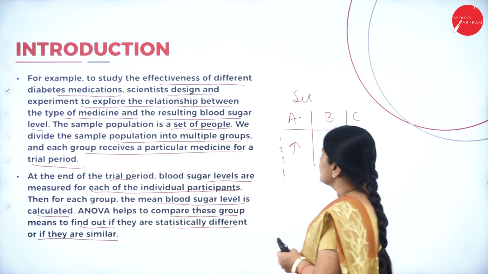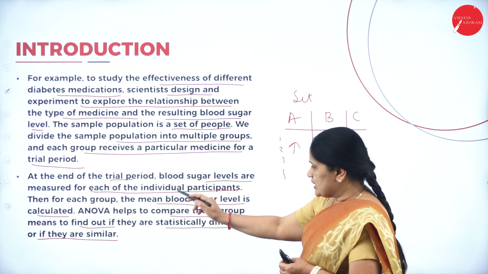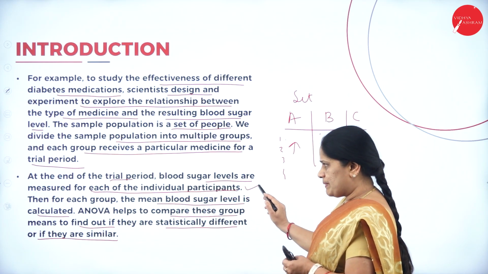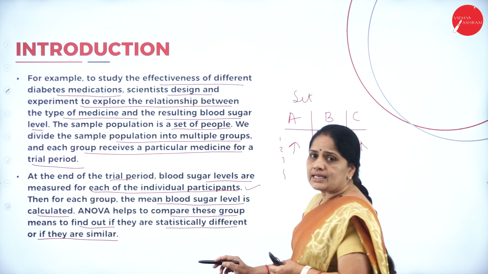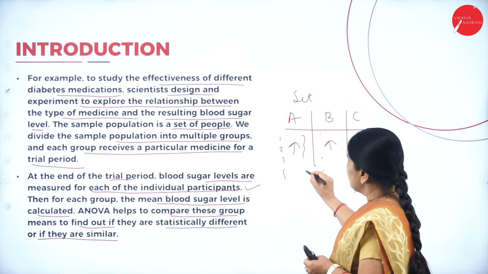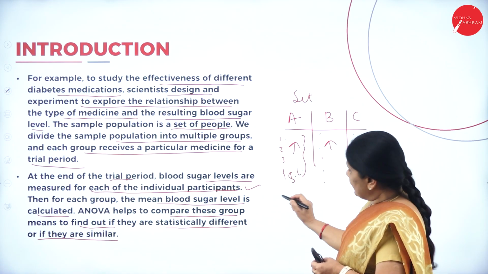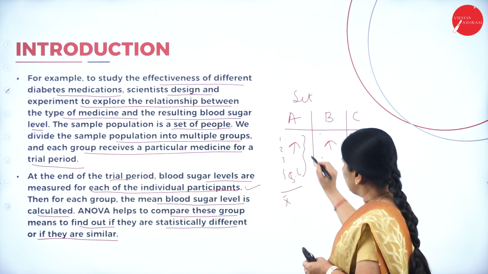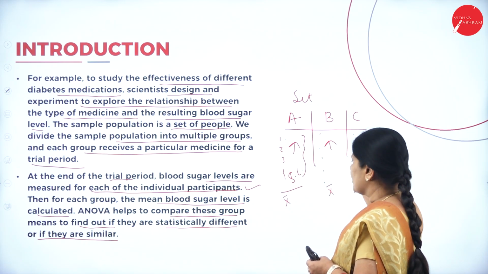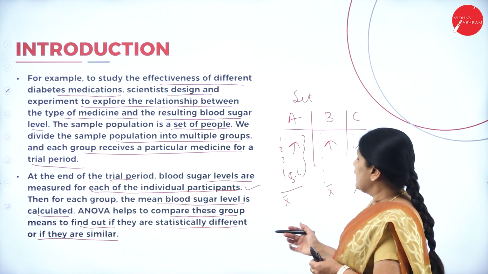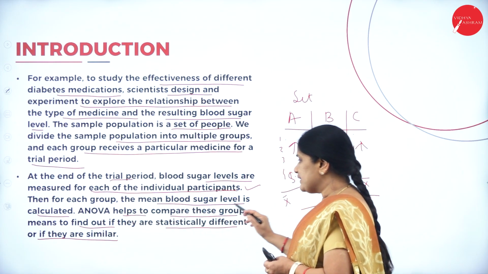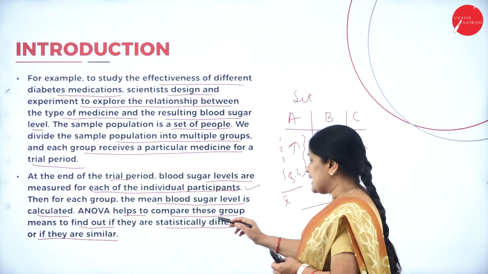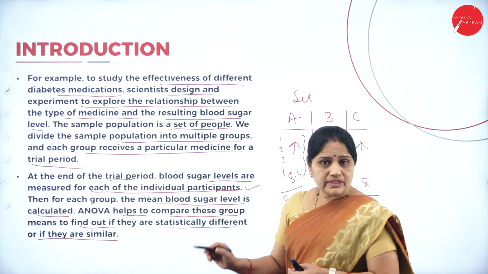So, for individual participants, we calculate the sugar level, and then we find out the mean of A, mean of B, mean of C, and then we compare all the means, and then ANOVA helps to compare these group means to find out if they are statistically different or if they are similar.